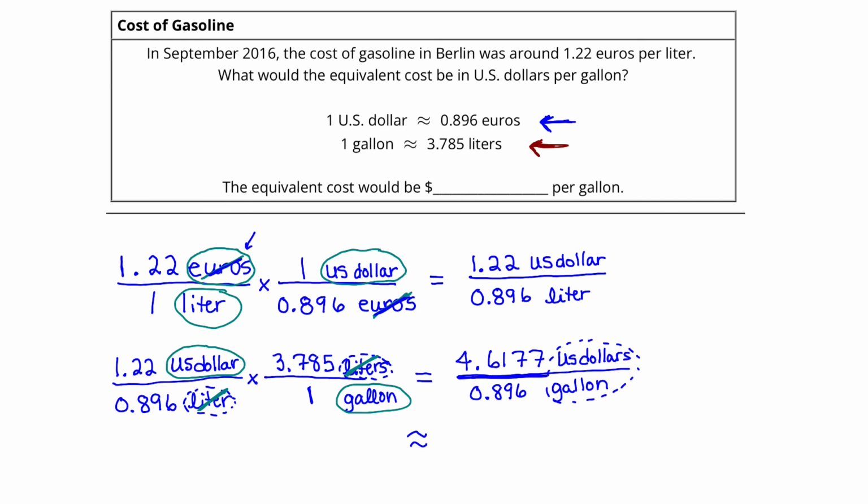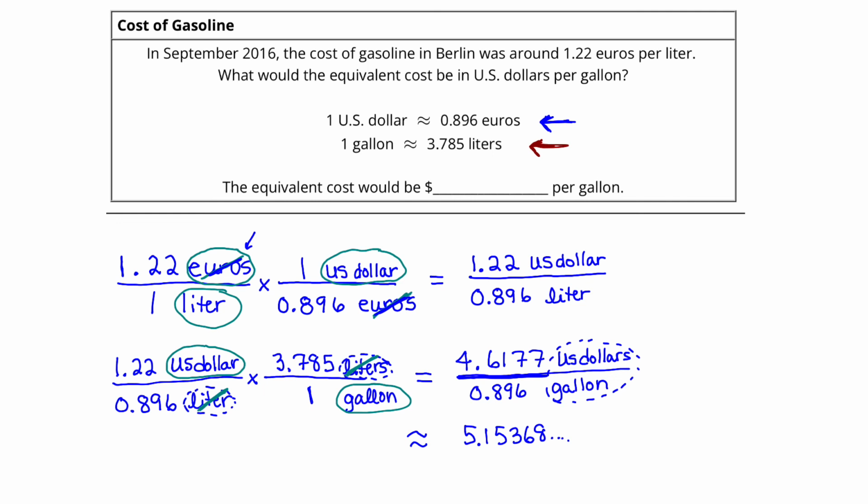So when we divide 4.6177 by 0.896, you should get approximately 5.15368, etc.